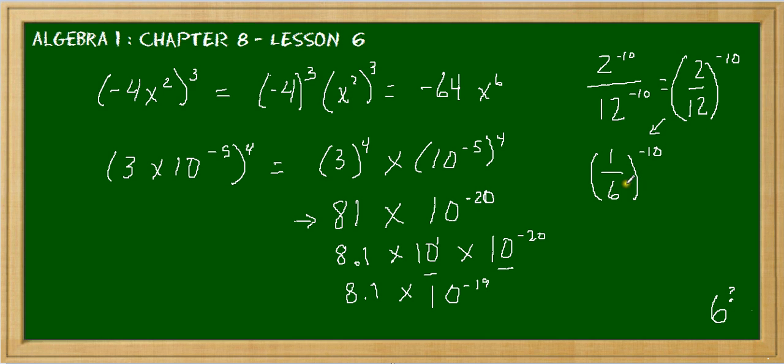Now, what happens when we apply a negative power? Well, let's go ahead and do this. 6 to the negative first power raised to the negative 10th. 1/6 is basically 6 to the negative first power.